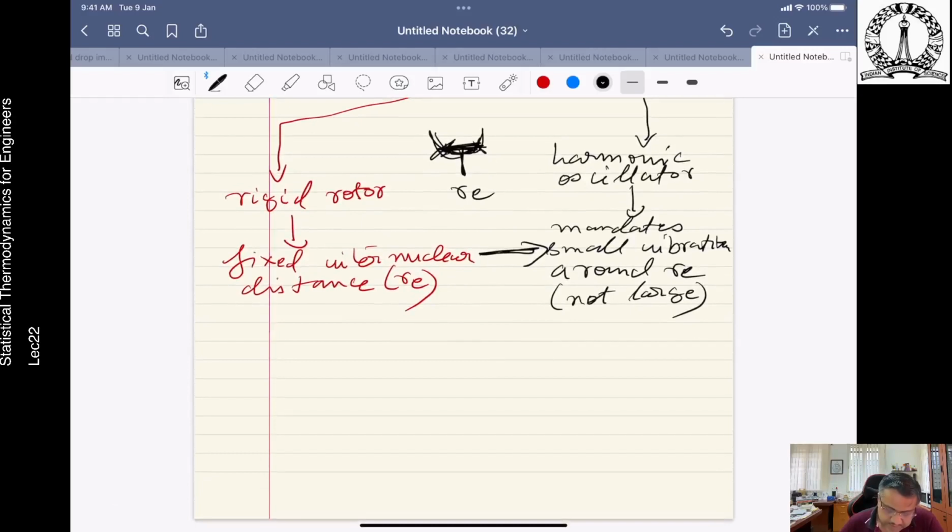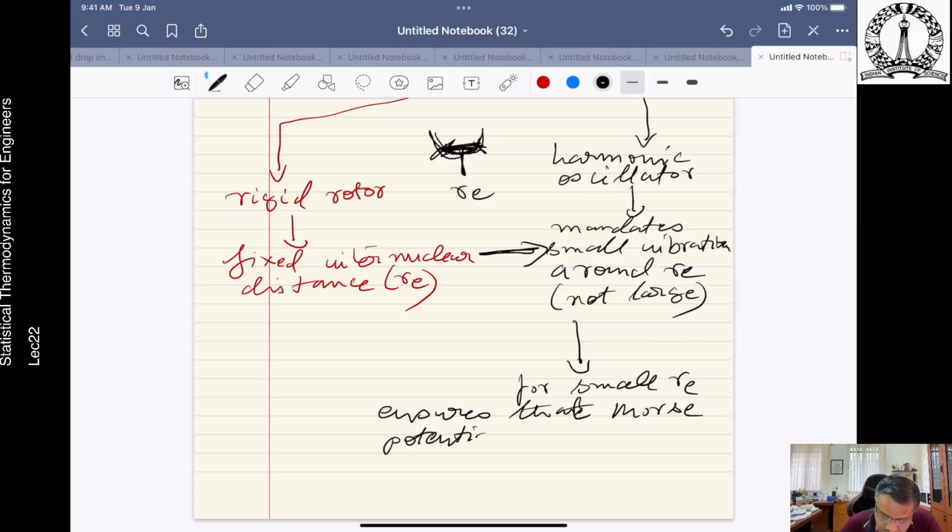So what it implies is that small vibration around RE ensures that the Morse potential is well approximated by the harmonic oscillator.